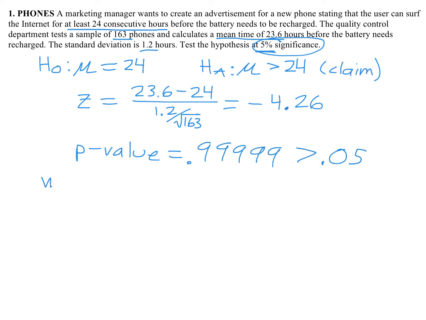So I'm going to write a short sentence and say we fail to reject H0. So again, if the p-value is greater than the significance level, you fail to reject H0. If the p-value is smaller than the significance level, you are going to reject H0. All right, so we fail to reject H0. And whenever you fail to reject, your final sentence should start with, there is not enough evidence.